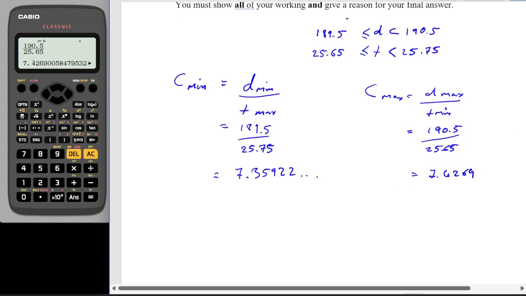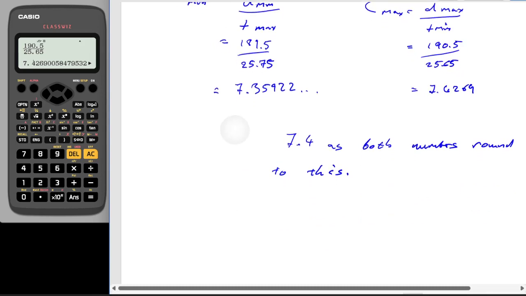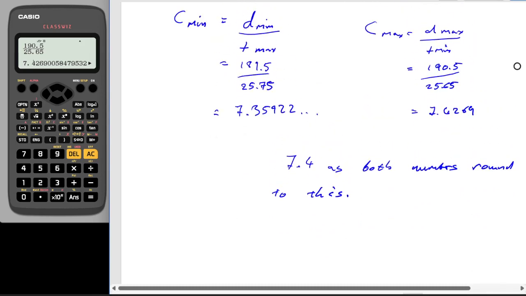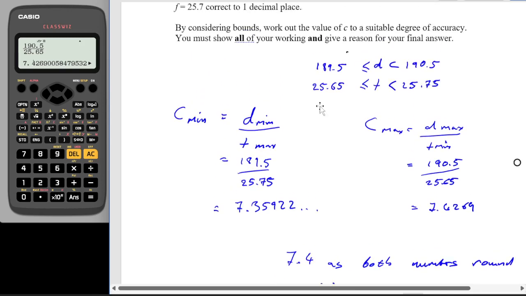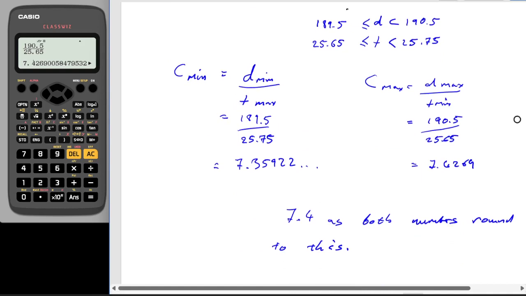So I'm going to go 7.4 as both numbers round to this. Okay, and that's how I would do that. That's quite a nice bounds question. So there we go.